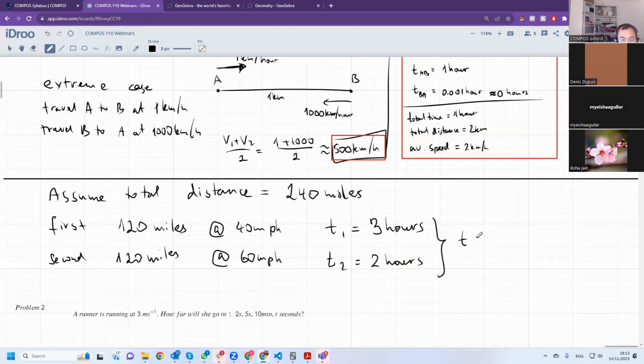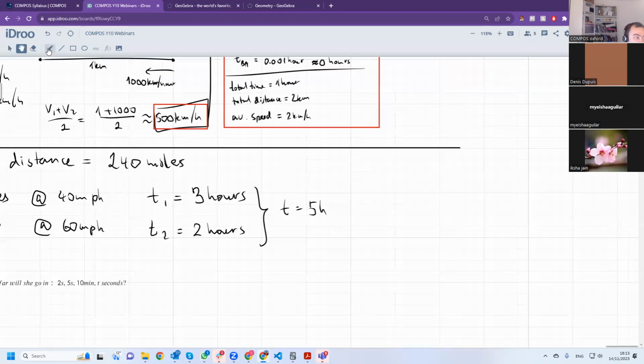So the total time is 5 hours, and the distance is 240. So the average speed is 240 miles divided by 5 hours, which gives you 48 miles per hour.